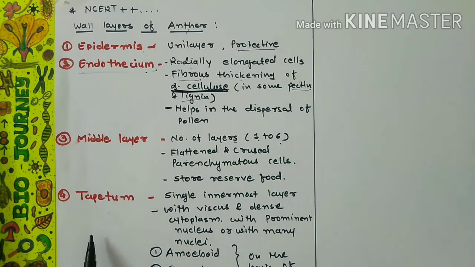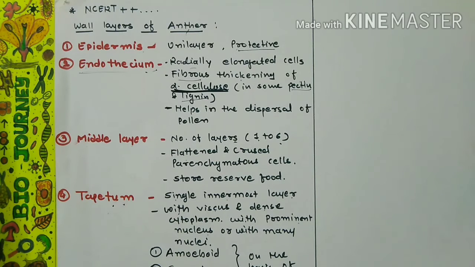Then the innermost layer, directly attached to the sporogenous tissue, is the tapetum. It is a single innermost layer with viscous and dense cytoplasm with a prominent big nucleus or with many nuclei. According to the behavior of the tapetum, they are of 2 types, amoeboid and secretory. It is also nutritive.